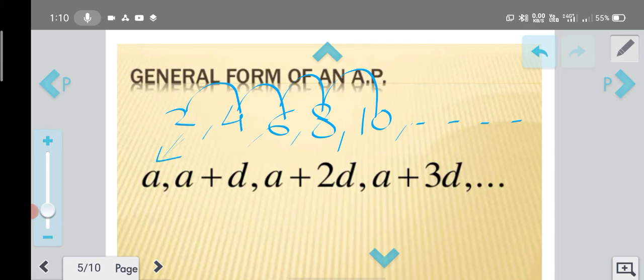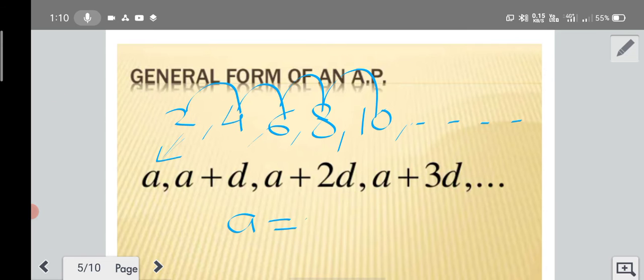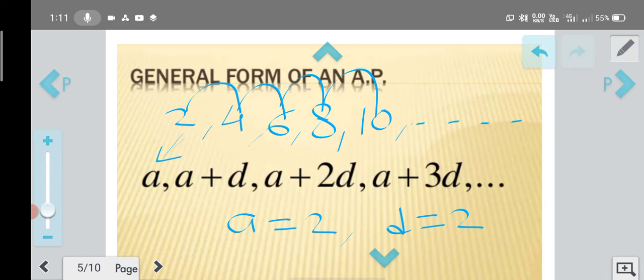It means the common difference is 2. So here A means the first term and D means the common difference. So this is called the general form of an AP.